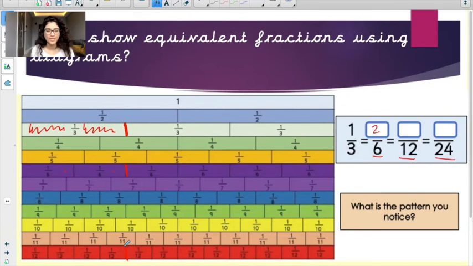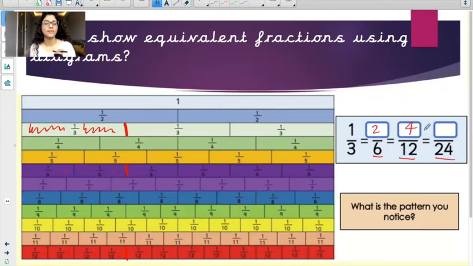Red wasn't the best choice for color of pen, but you stop there. And now you just count how many 1/12 you've used in order to then make up a bar that is the same size as the 1/3. So that's 1/12, that's another 12th, so that's 2/12, 3/12, and 4/12. So you've had to use 4 of those.